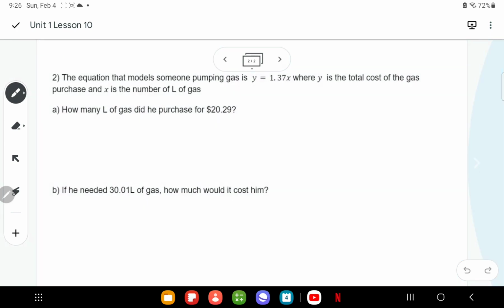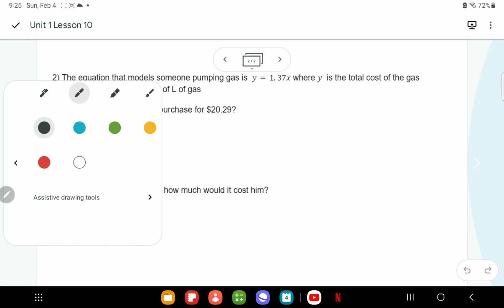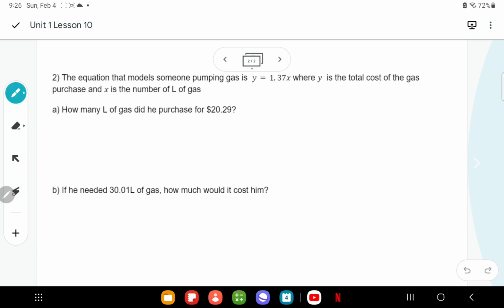Got one more example. So here we have an equation, y equals 1.37x. And let's highlight our two variables. Y is the total cost of the gas, and x is the number of liters, so the amount of liters.